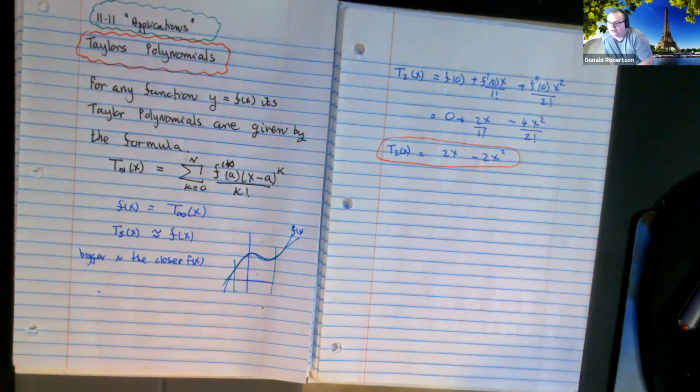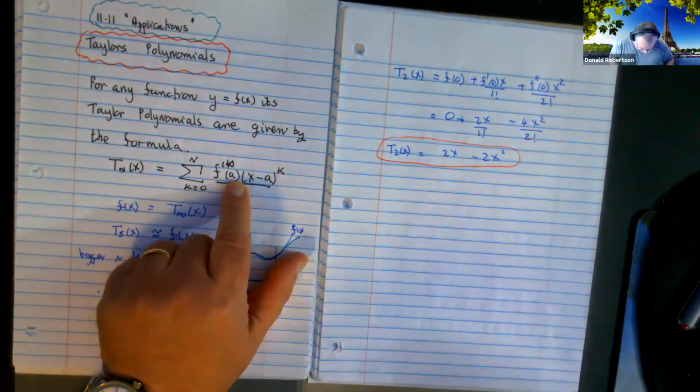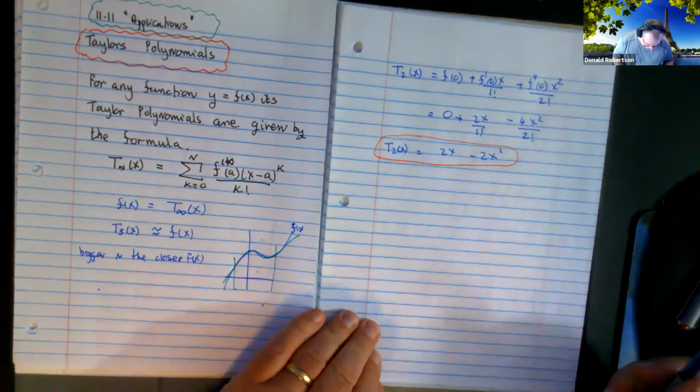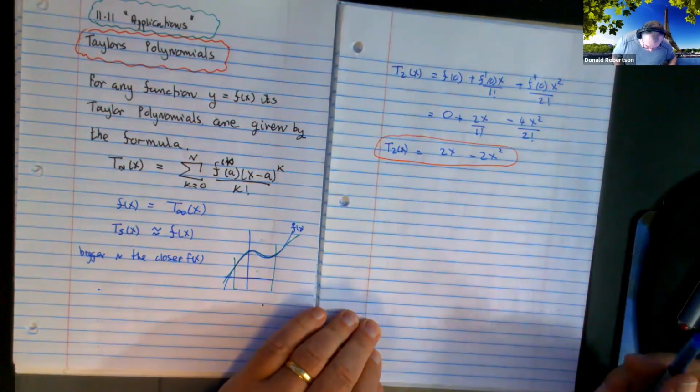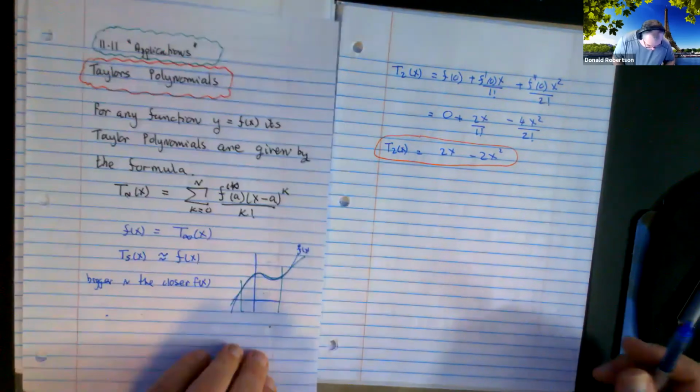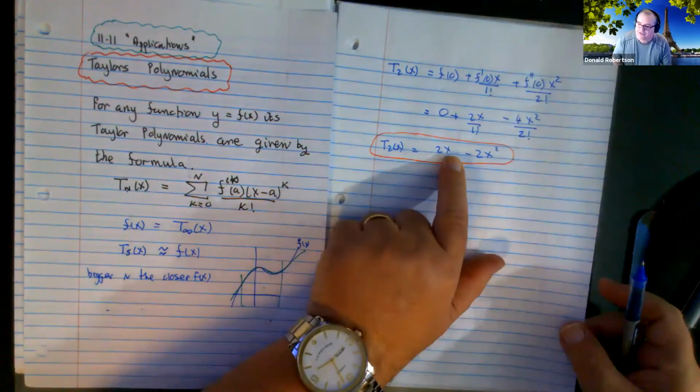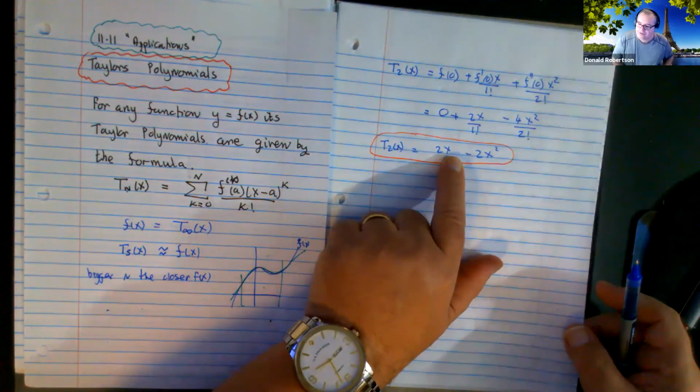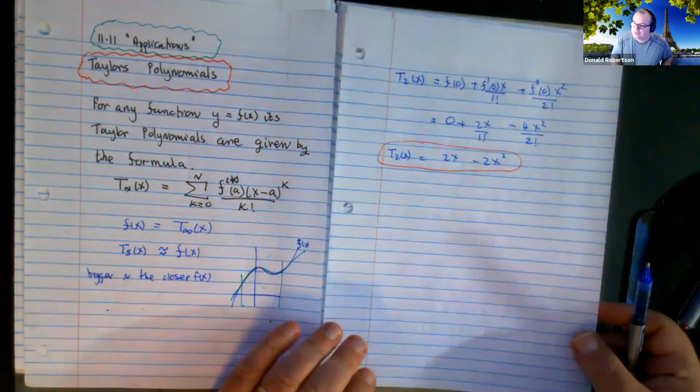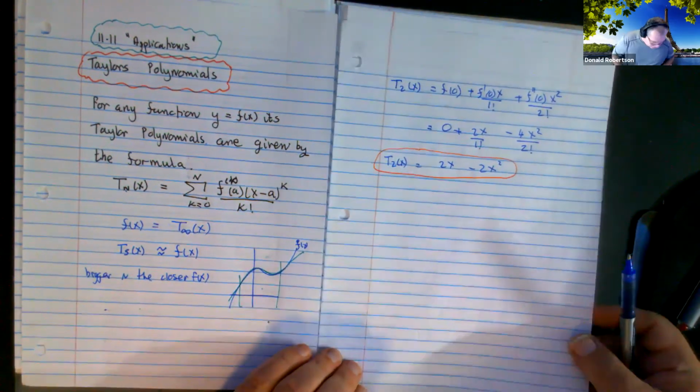Wouldn't it be much easier if you just shifted your center to somewhere like 99 or something that's dead close to the place you're interested in, and use that instead? And that formula allows us to do that. I have this guy set up. I'm not going to do it, but couldn't you use this to estimate the value of the original function at 0.1, 0.4, something like that? And it would be pretty good.